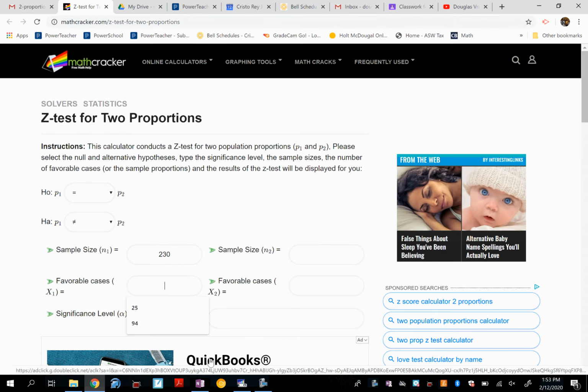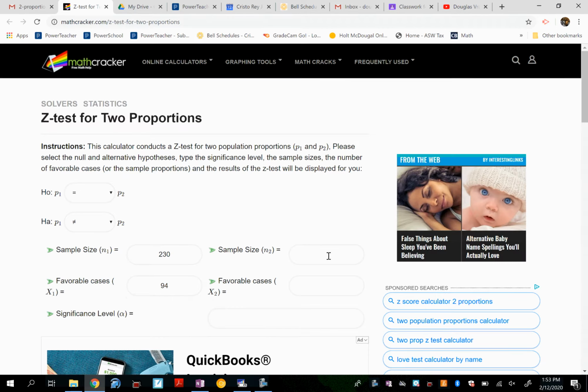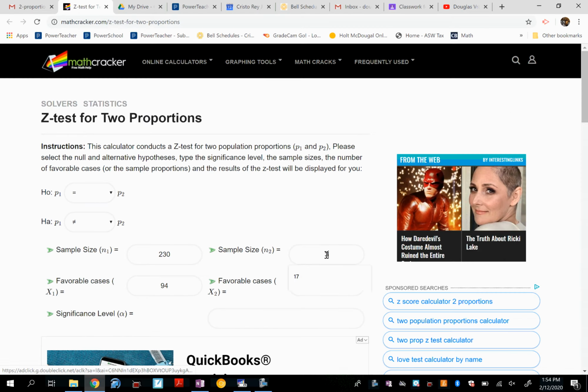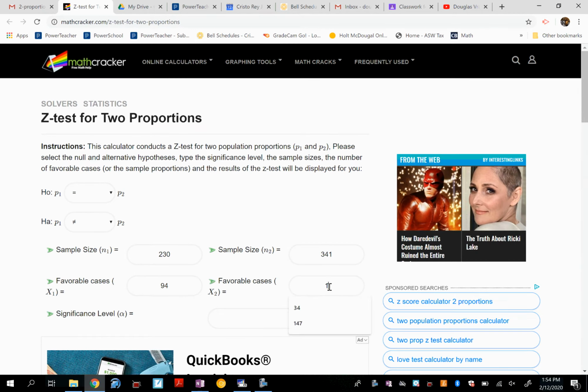Out of those 230, how many said that they'd be opposed to banning the trans fats? 94. How many in the second group that they asked? 341. And how many said that they would be opposed to the ban? 147. And the last thing is, it says in the problem, what significance level, what alpha? 0.05.